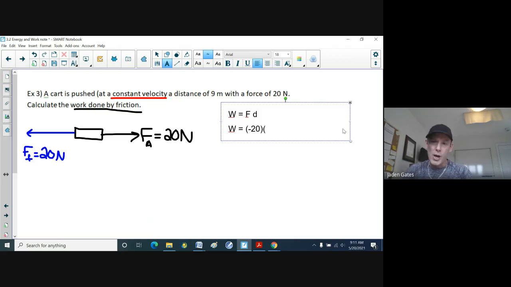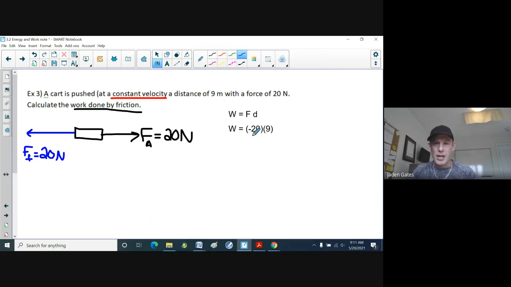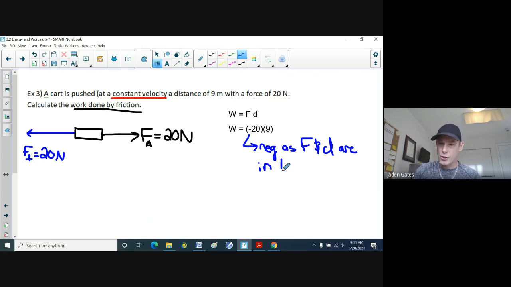Now, when I have my distance here, I got 9 meters. Well, that's in our standard unit, so I'll put a 9 in here. And again, I'm going to say it's negative as F, our force, and our distance are in the opposite direction.